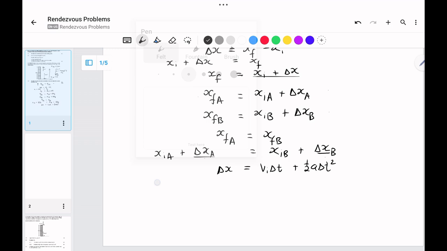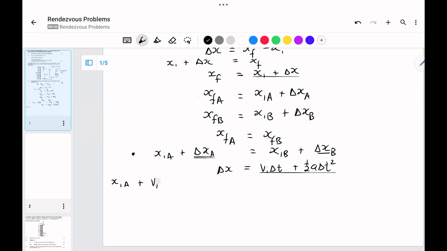So let's do that now. I'm rewriting this equation. I have the initial position of A, that's not going to change, plus, now in place of delta x A, which I have here, I'm going to write this.